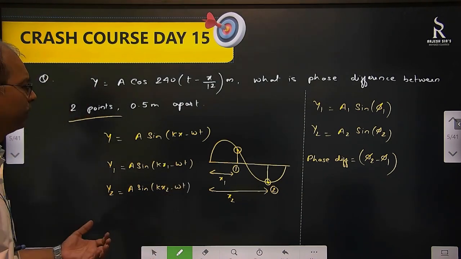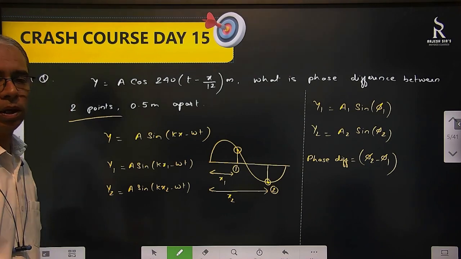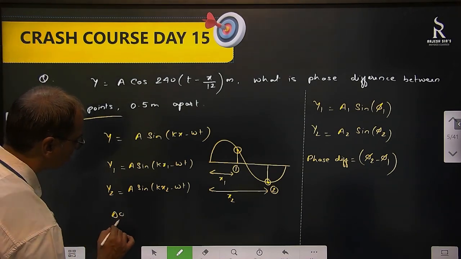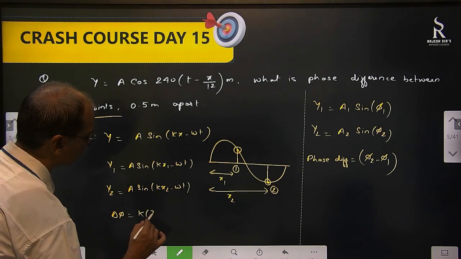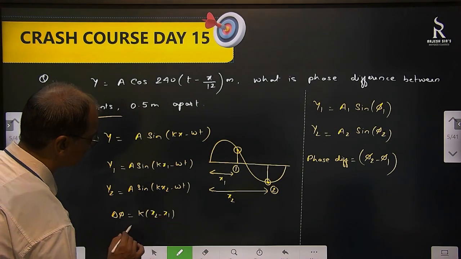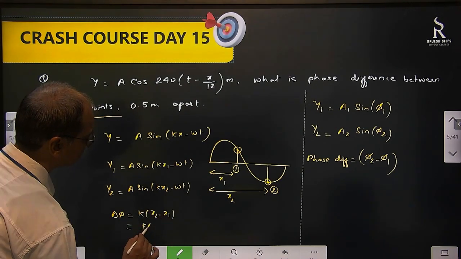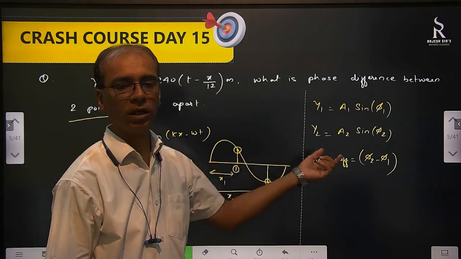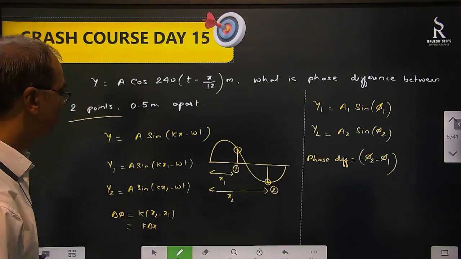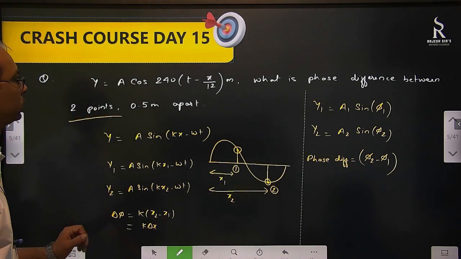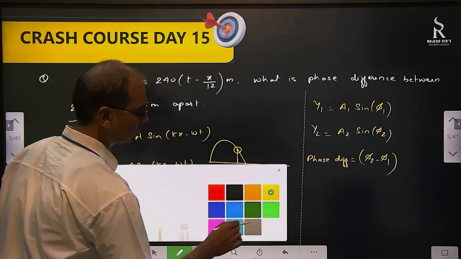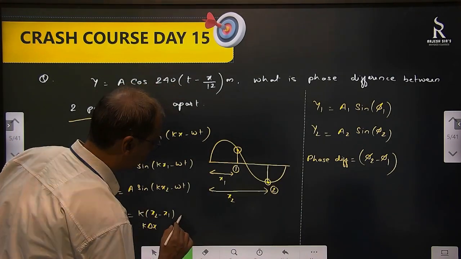So when I am going to find the phase difference, that means this minus this, what I am going to get? The phase difference is k(x2 minus x1), that is k delta x. Between two waves also it will come the same way, k delta x only. Now here also it is k delta x. So what is the k value? First let's find out what k is. k means 2 pi by lambda.